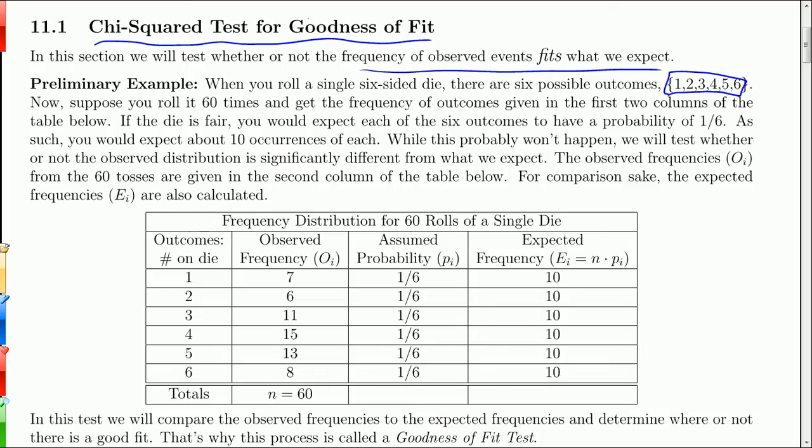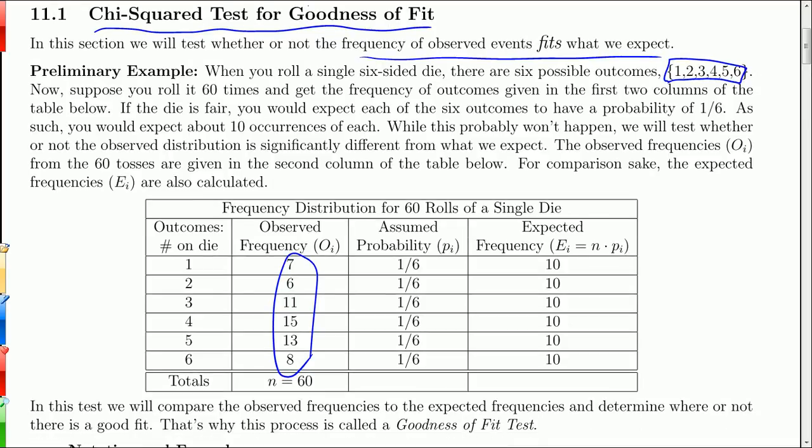But what we want to do is say, is this far enough away from what we expect to say that there's something wrong here? Does it not fit the expected frequencies? So it's a test for goodness of fit. That's why this is called a goodness of fit test.